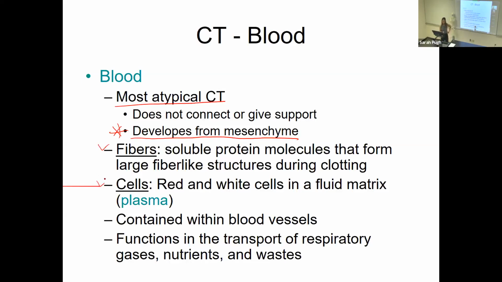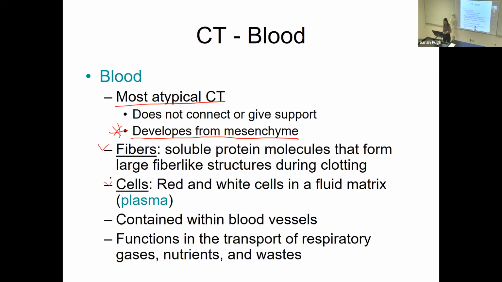The type of cell, again, remember, this is very atypical. So our cell type is basically red and white blood cells. Remember, they don't follow the blast/cyte rule, the immature and mature cell rule. Instead, we have hematopoietic stem cells and then mature blood cells.